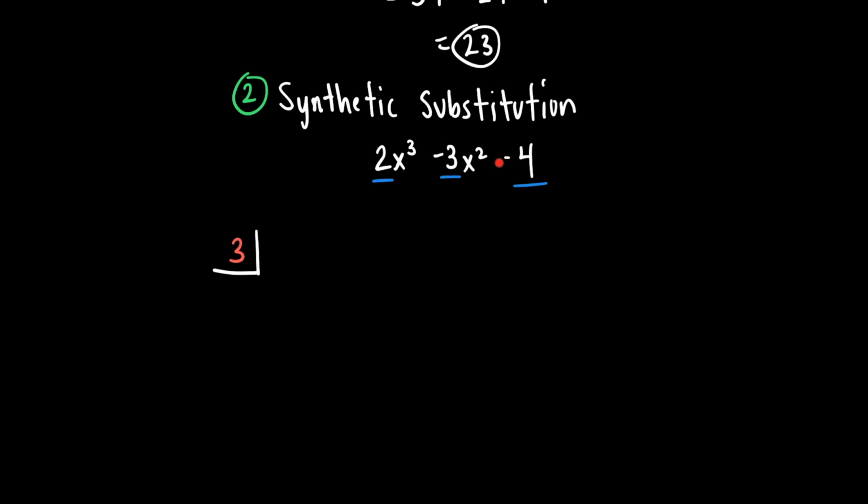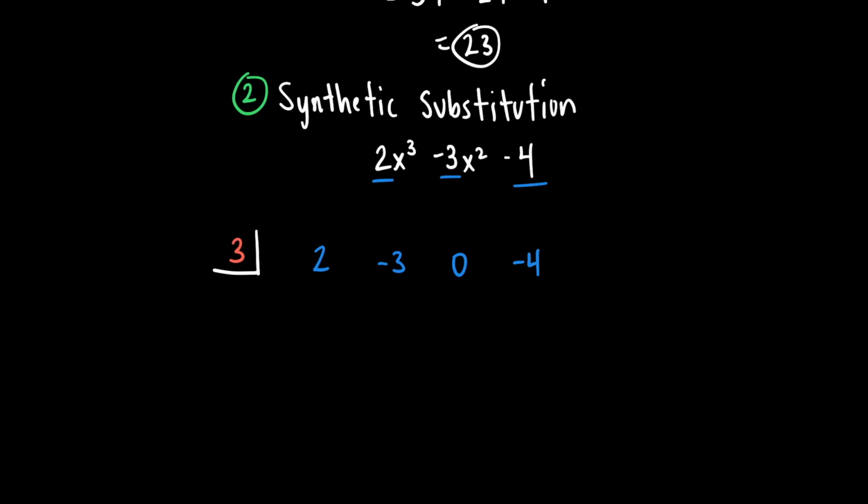Notice how there's no x here? We have to include that. So we've got 2x cubed minus 3x squared plus 0x minus 4. You have to include that 0, because if you're missing one of these variables, you have to put it in there.